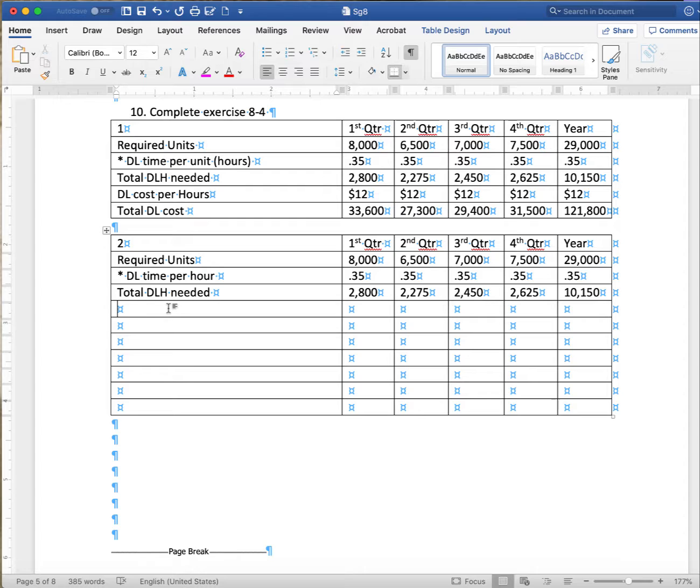If they work over 2,600, they get time and a half. So what we're going to do is put regular hours paid, which is the 2,600 hours per quarter. That's what they're guaranteed.